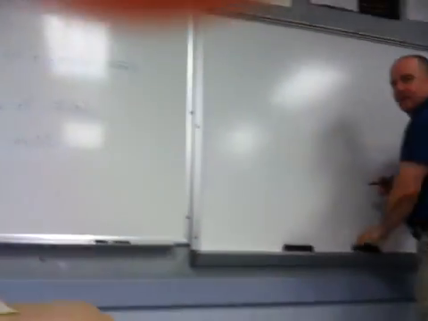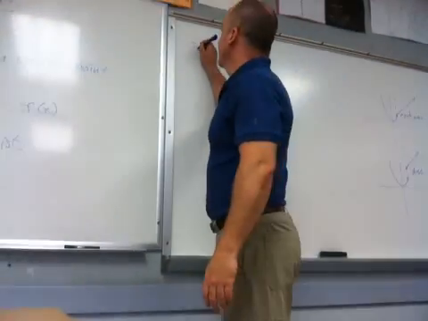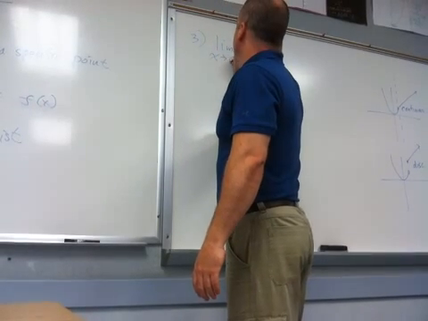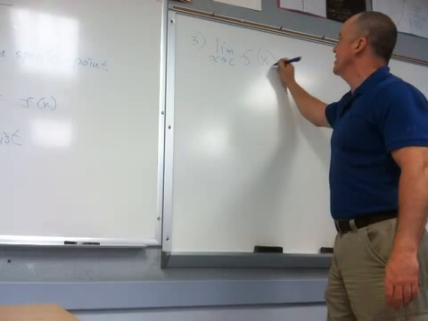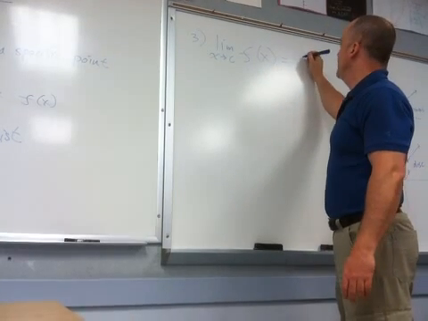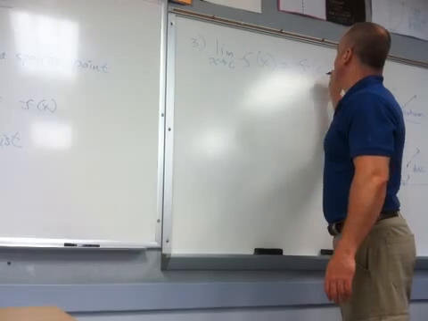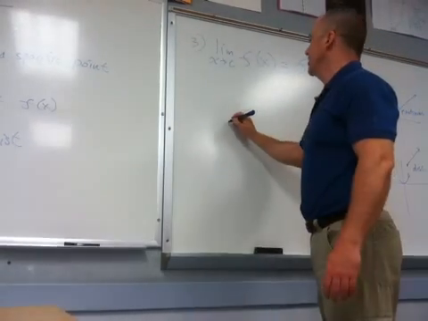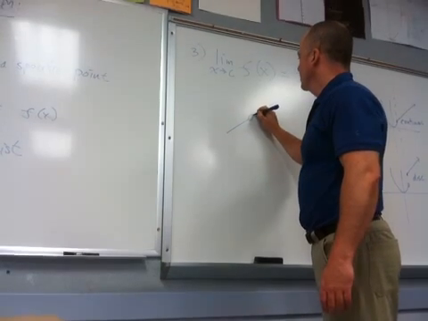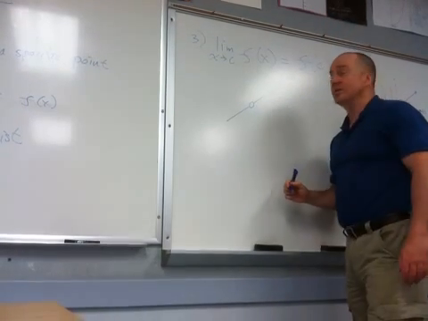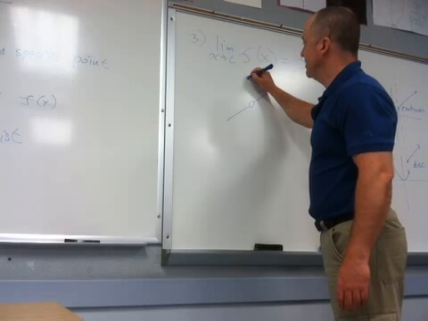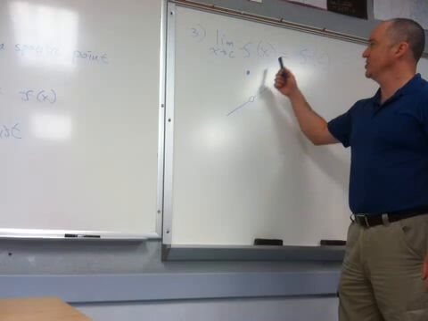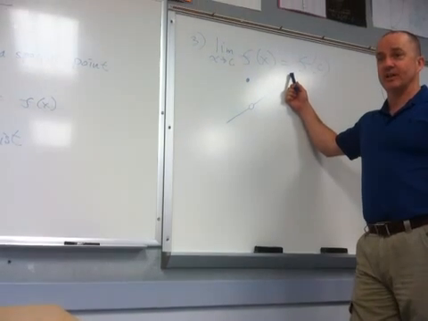The third thing is the limit as x approaches c of the function must be the same as f of c, as what you get when you plug it into the function. So for these piecewise functions we've done, where you have a hole and then maybe the function jumps up to here, like the example we just did at the beginning of class, this fails the third condition of continuity.